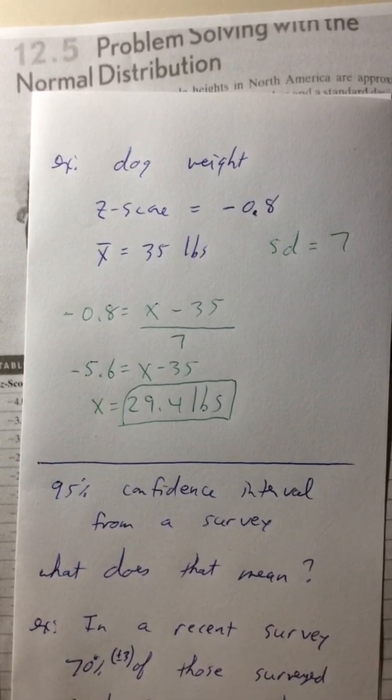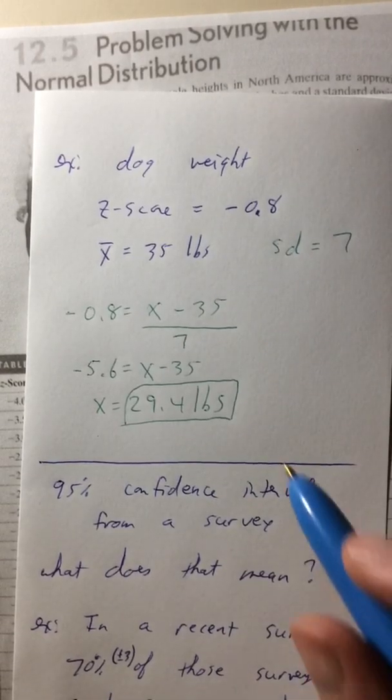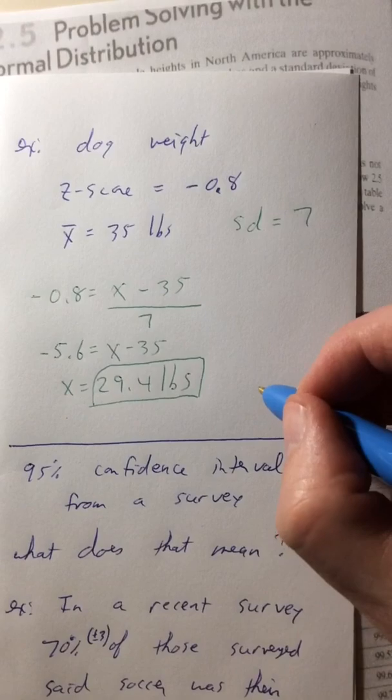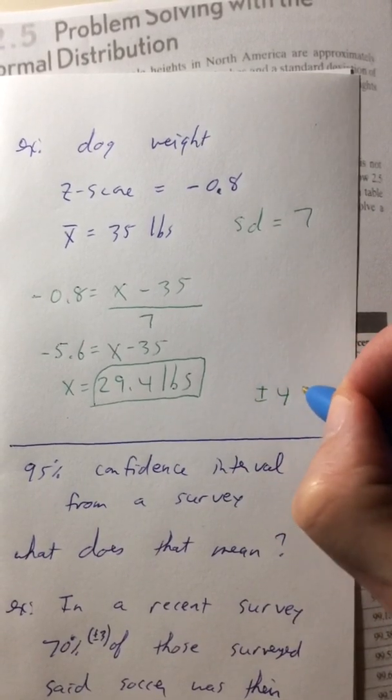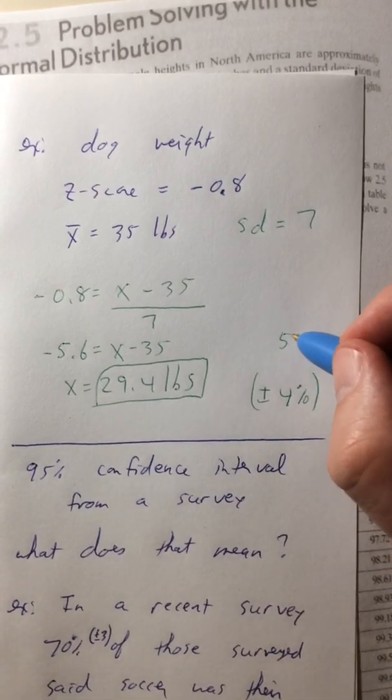And so what that means, let's say that we have a candidate and it's a survey about popularity, their popularity is 54%. And then it'll say in parentheses off to the side here something like plus or minus 4%. Remember we said 54% here.